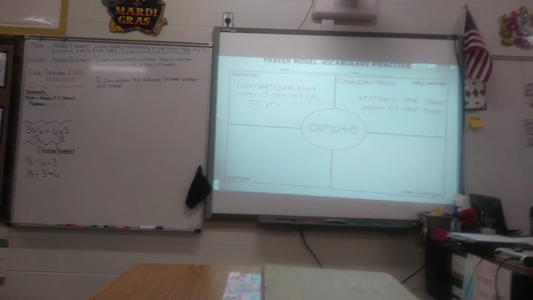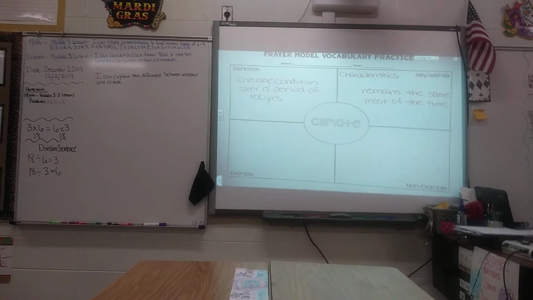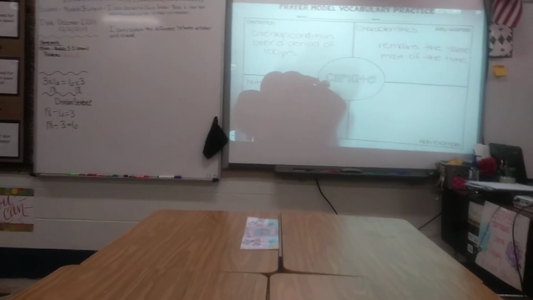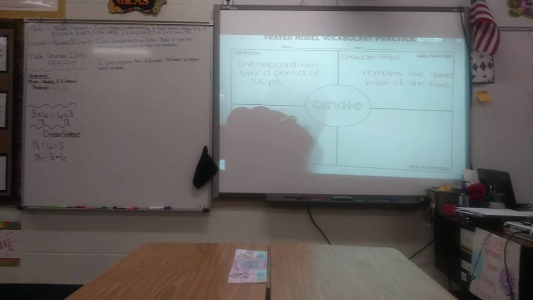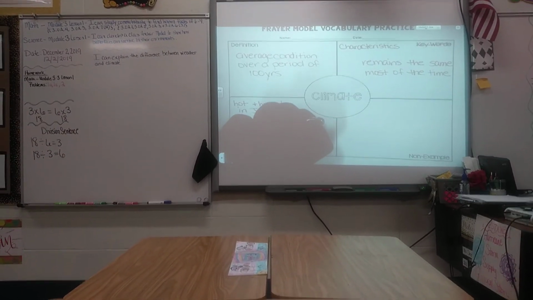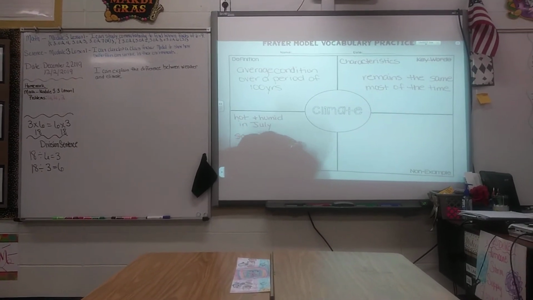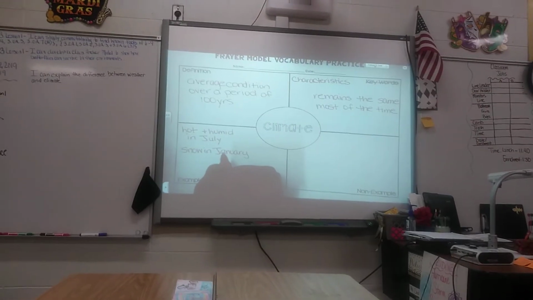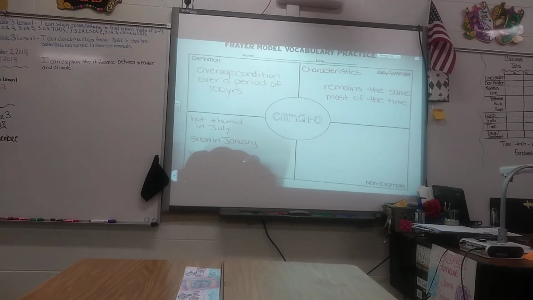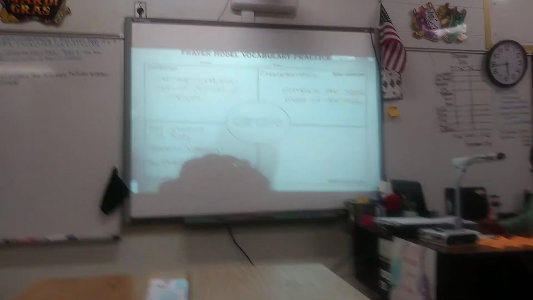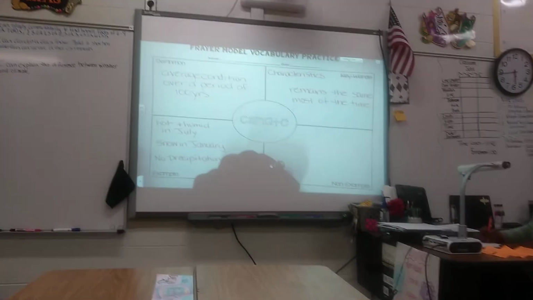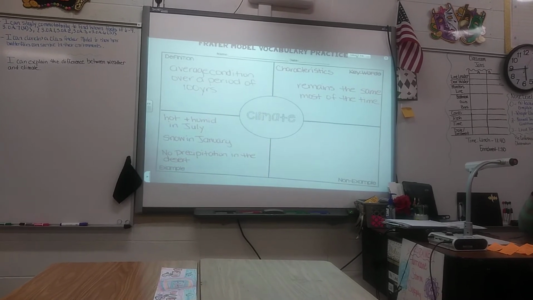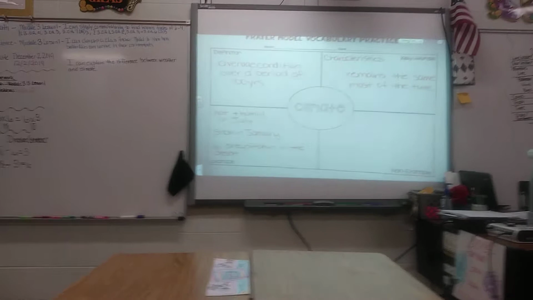Some examples of climate are hot and humid in July, snow in January, no precipitation in the desert, as well as, we've been talking about some severe weather, hurricanes.